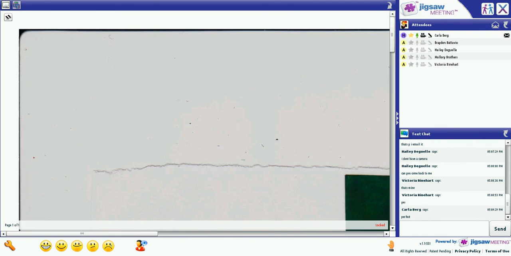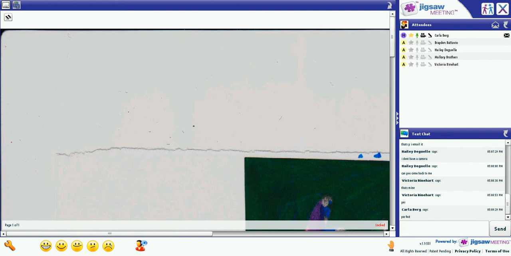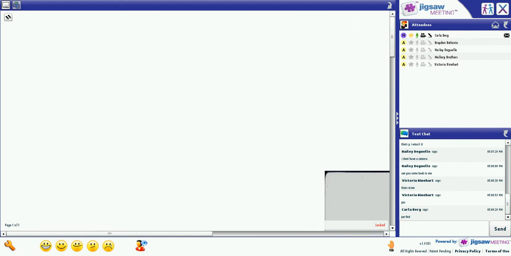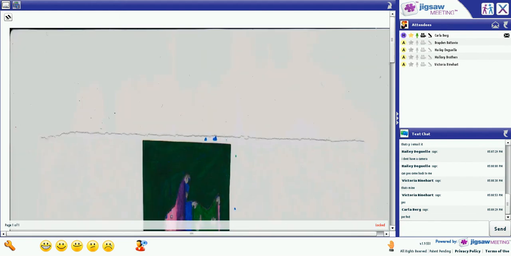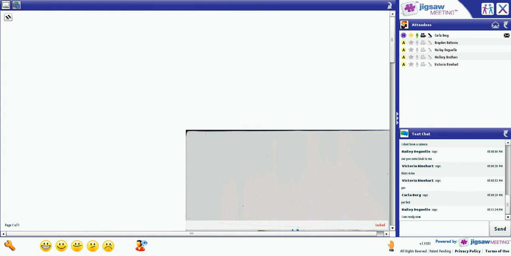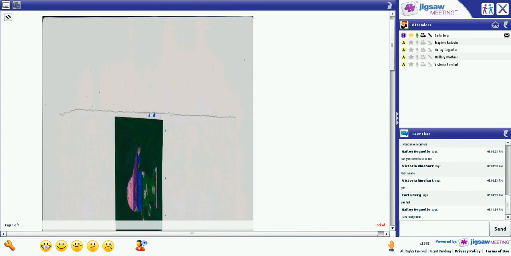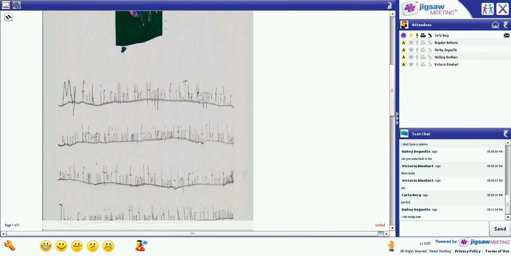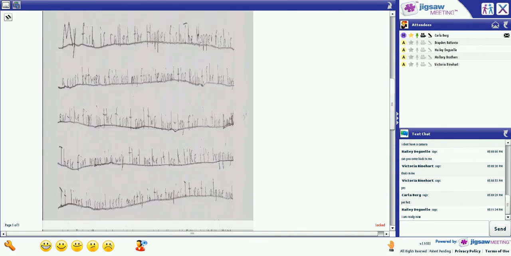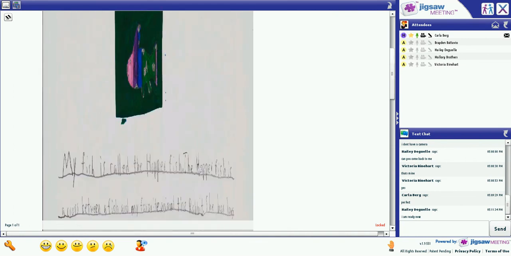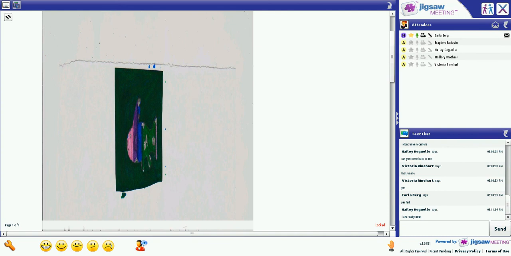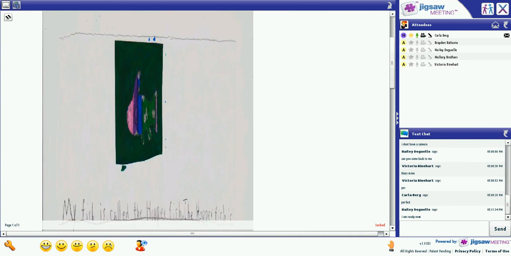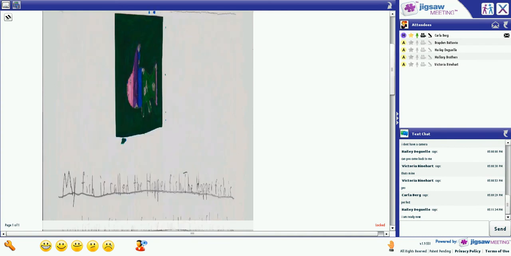The next one we have is... the next one, let's see, does this one look familiar to anyone on the whiteboard? All right, I will go ahead and read this.